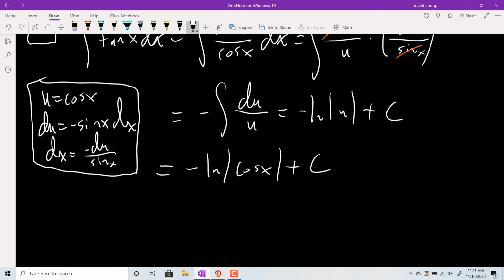A word of warning, in the tables, if you've already looked this one up, you probably will see ln of secant, but this is equivalent. You're just doing a power rule.